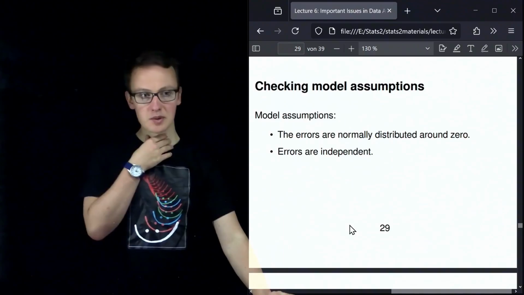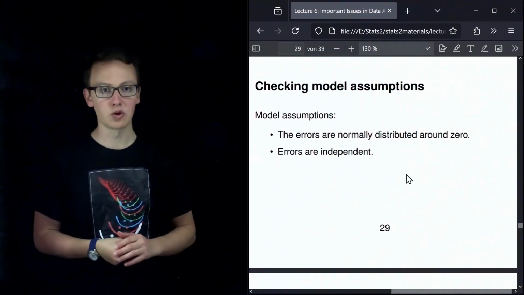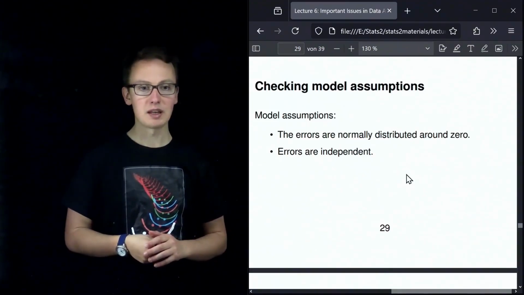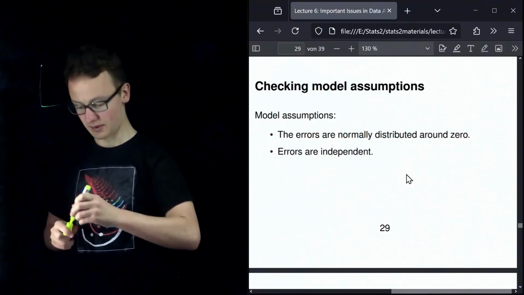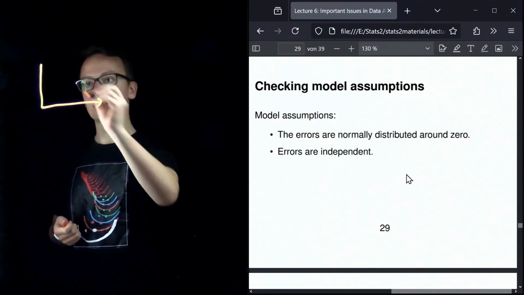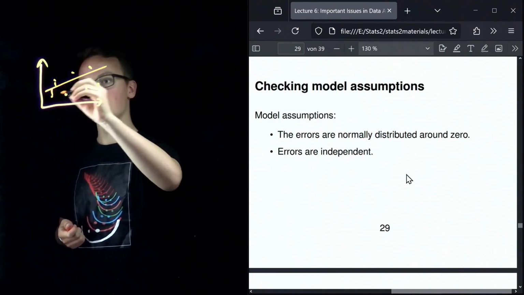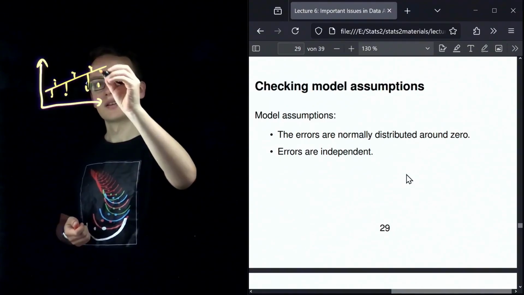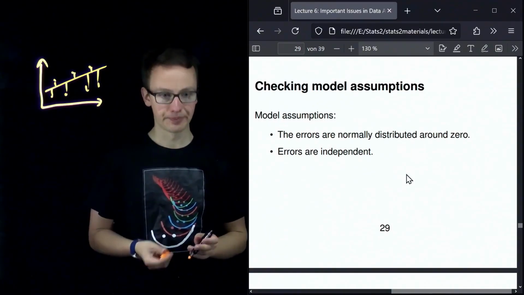There are three main assumptions that we want to look at here. The first one being that the residual errors are normally distributed around zero, meaning that if you think of the linear regression, maybe this pencil. If you think of the linear regression and just a simple example and the best fitting line, the residuals are always these distances that the observed data are away from the predicted data.